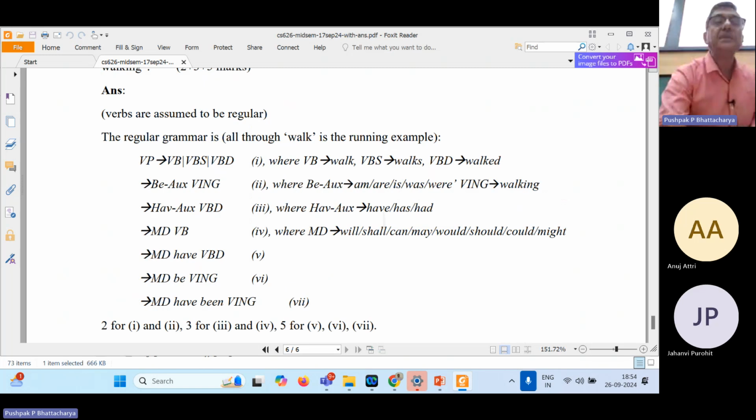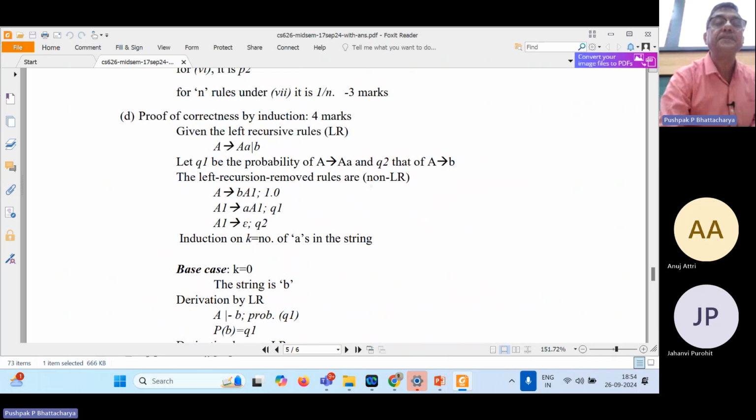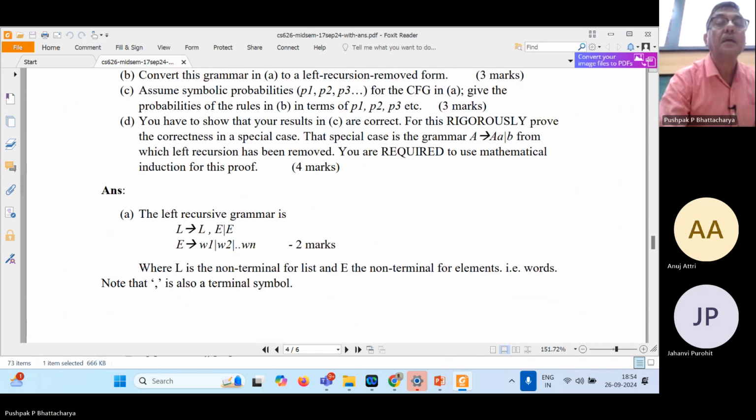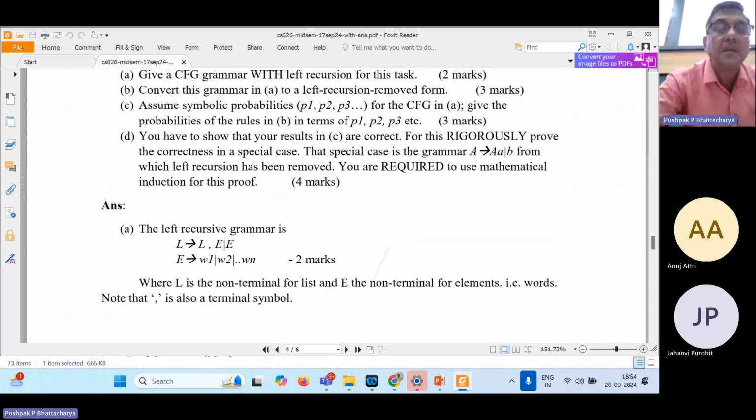And question 7 was, I think, the most demanding, I would say, not complex. Give a CFG grammar with left recursion for the task. You have to produce a list of elements separated by comma.